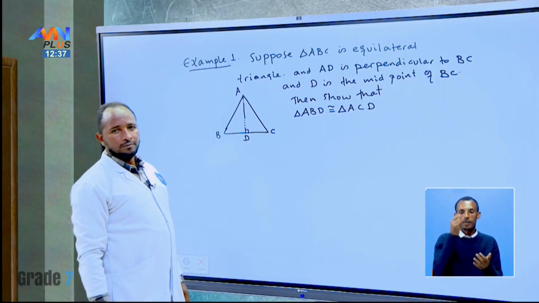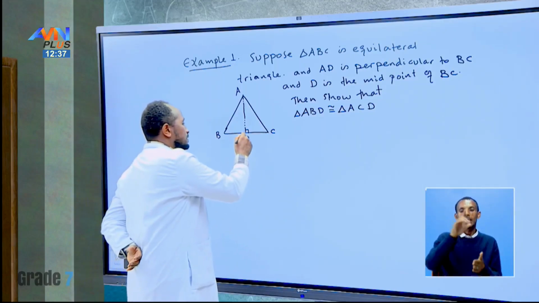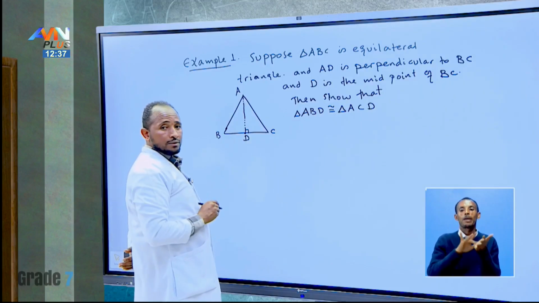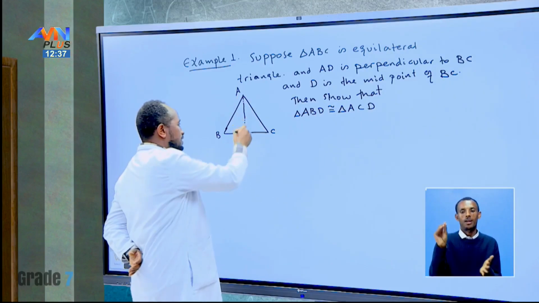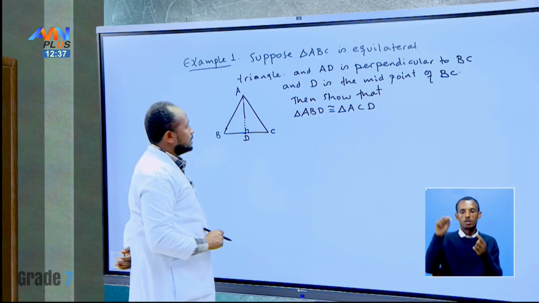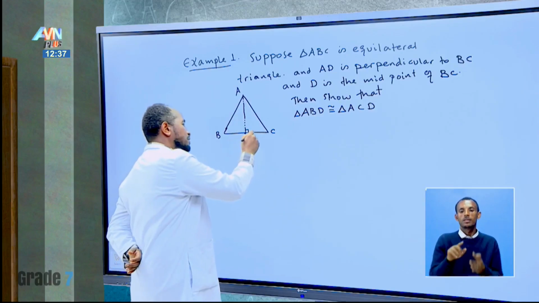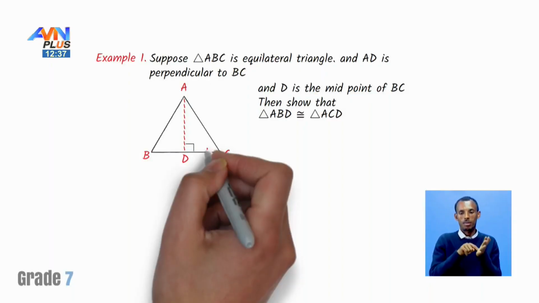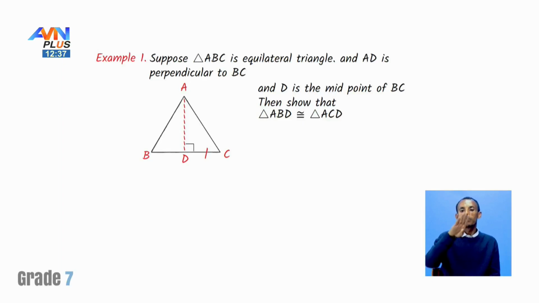Now let's see this. Here it says D is the midpoint, and AD is perpendicular to BC. So since D is the midpoint, the lengths DC and BD are equal.